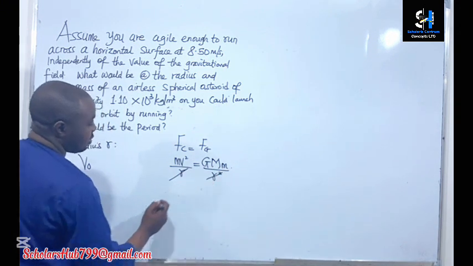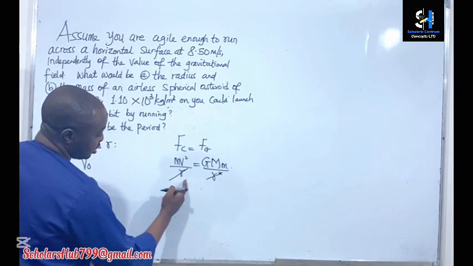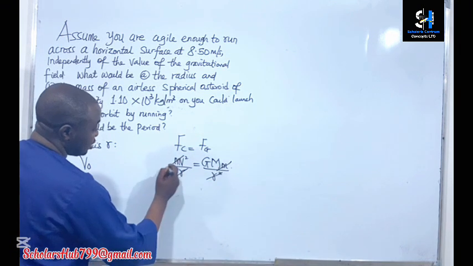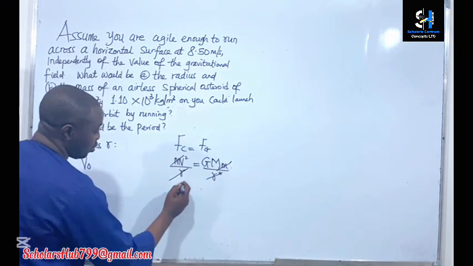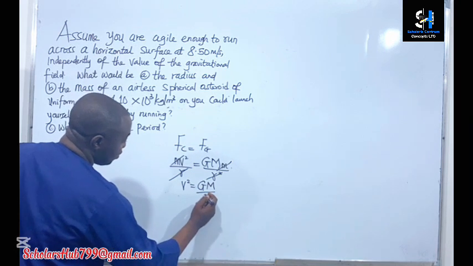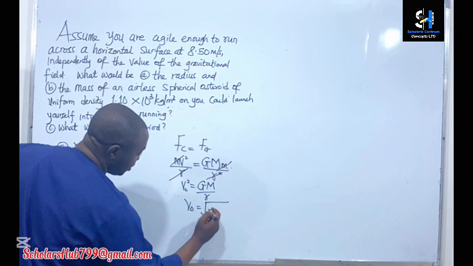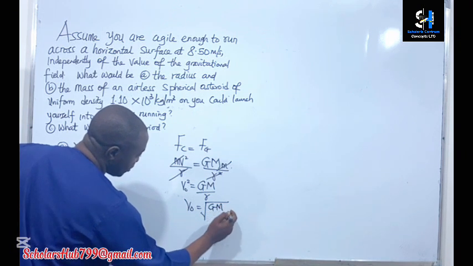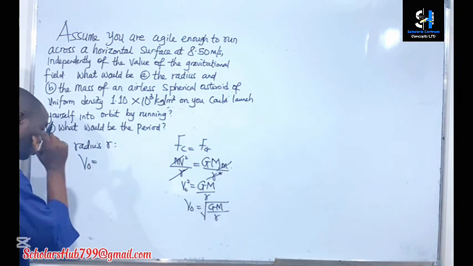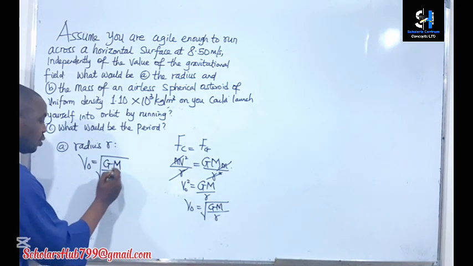When we divide both sides by r and also by m, this reduces to v squared equals GM over r. So this is what we call orbital velocity, which is the square root of G capital M over r.